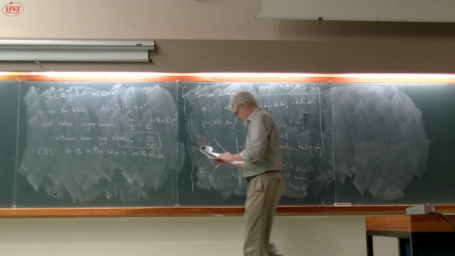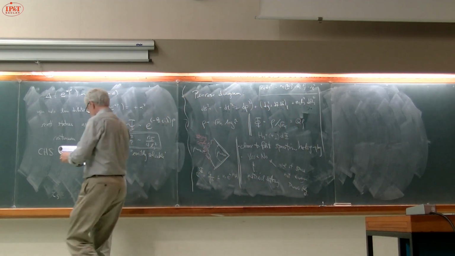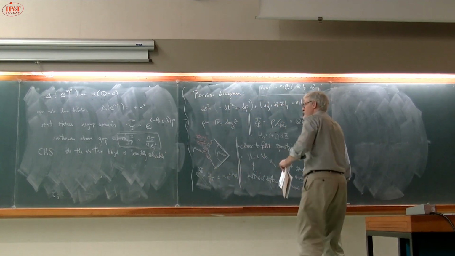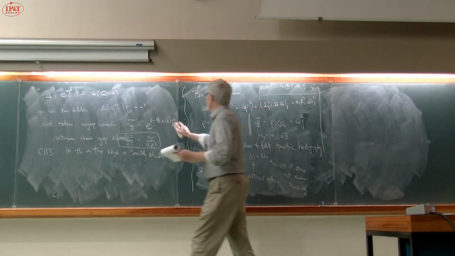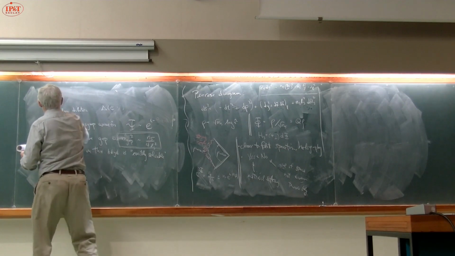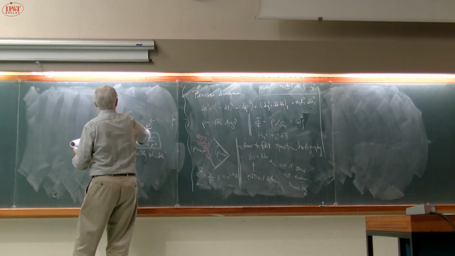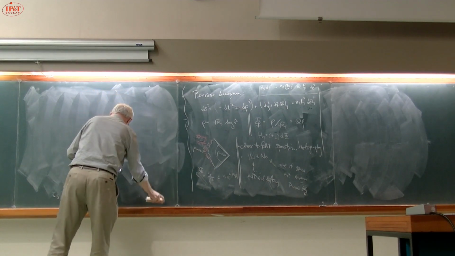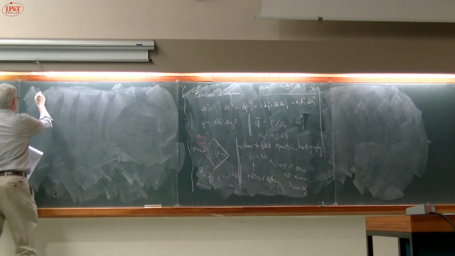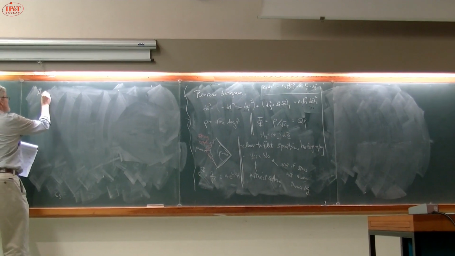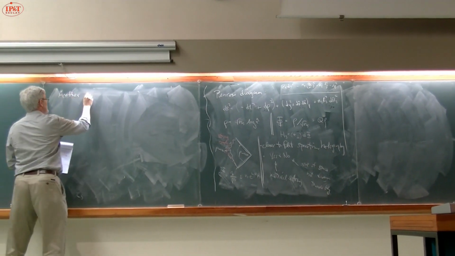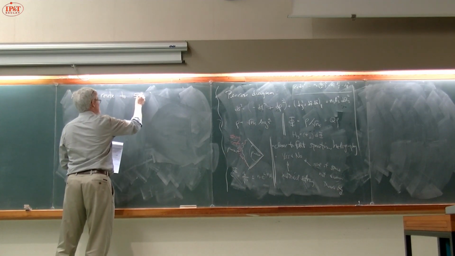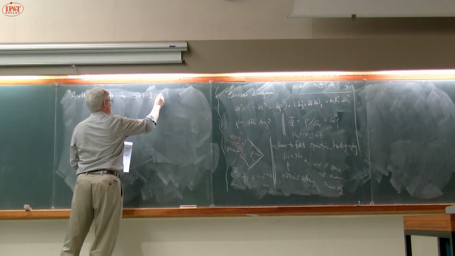And so I would like to change gears a little bit, and ask if there's another way of getting 5 plus 1 dimensional super Yang-Mills theory.